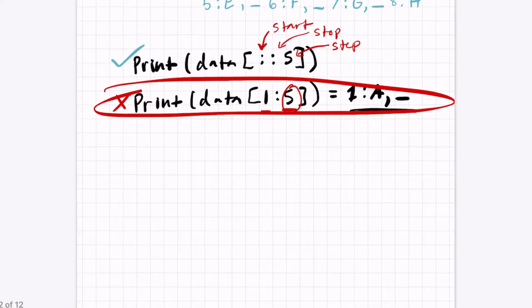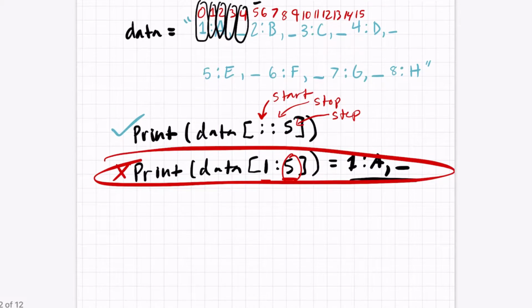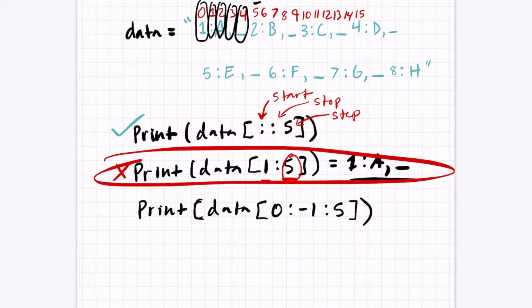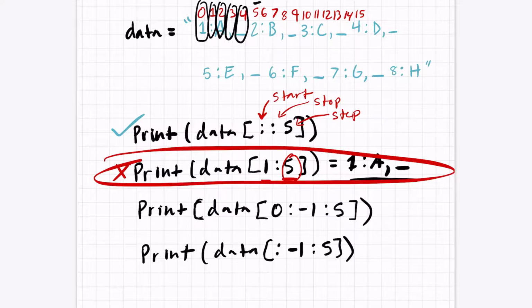Let's go through the other ones just so we have a comprehensive list here. So then the next one is print data, square brackets, 0 to -1, intervals of 5. And then let's just write out the other one, because they're very similar. Print data, colon, -1, 5. Okay.